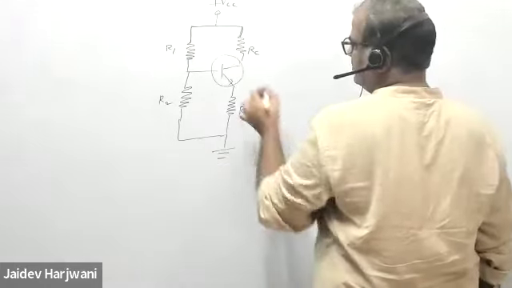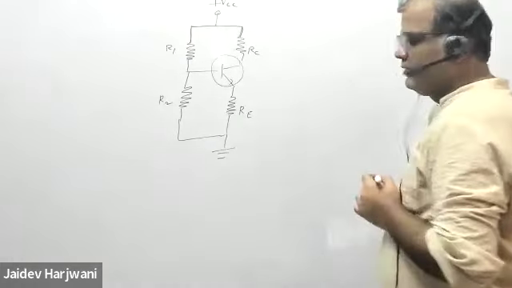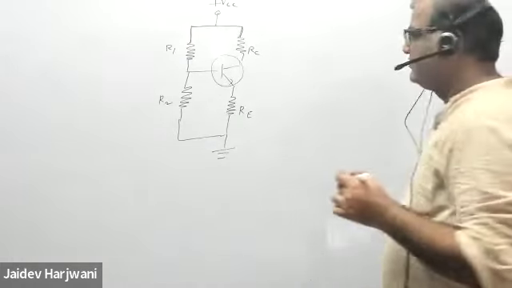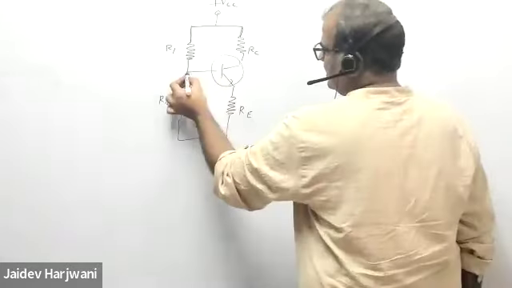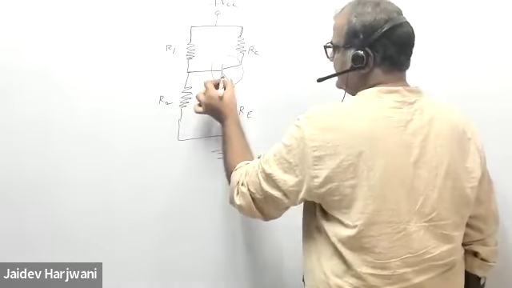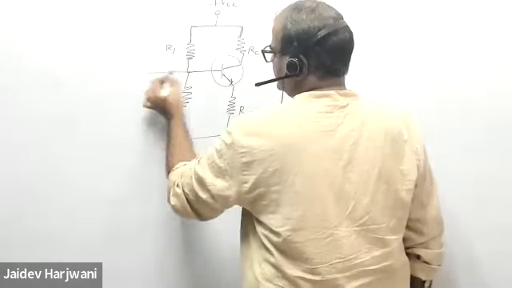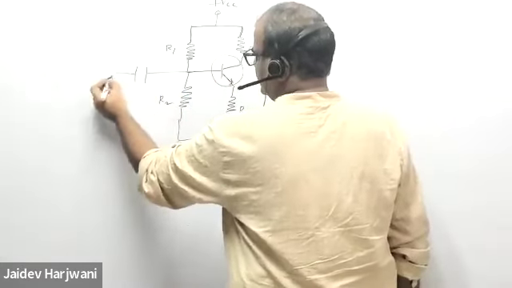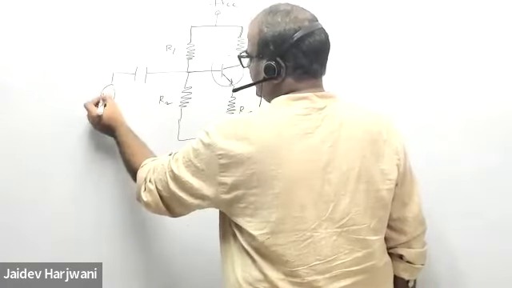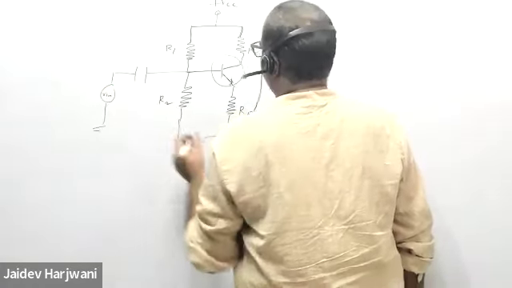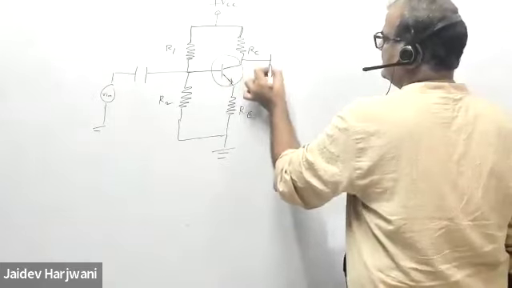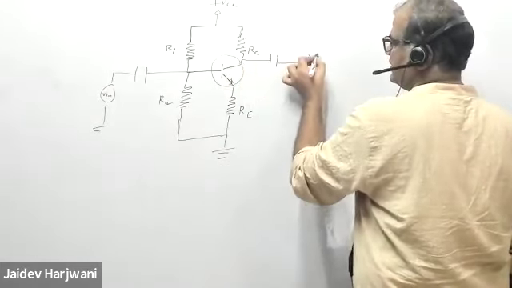Now I want to apply an AC source. I want to use this circuit as an AC amplifier. So what I'll do is put some coupling capacitors here, apply some V input here, and measure this V output here.